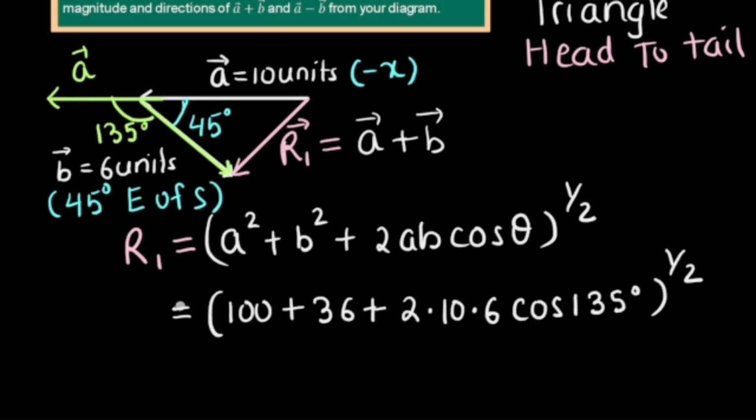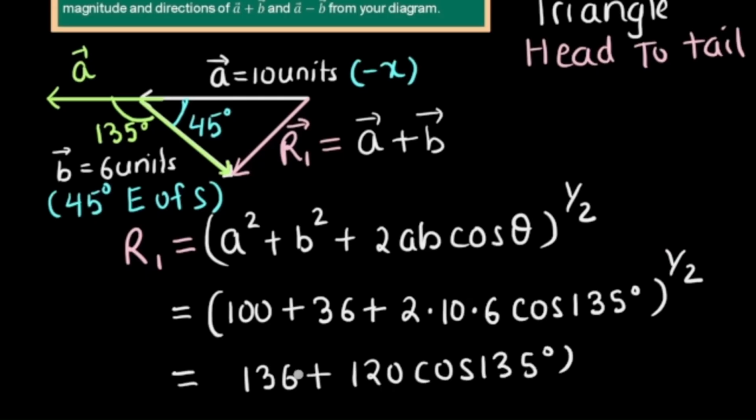Put it under the parentheses and raise it to the power of 1/2. What do we get? Let's add 100 to 36. That gives us 136 plus 2 times 10 is 20, 20 times 6 is 120, times cosine of 135 degrees, and this whole expression is raised to the power 1/2.